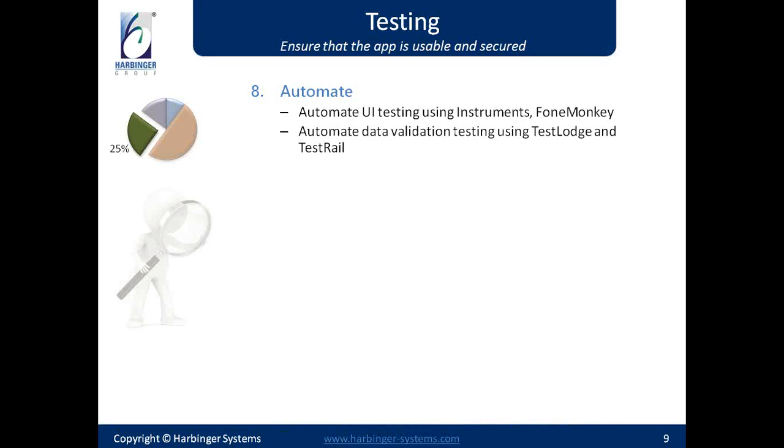At the same time, data validation testing can also be automated using TestLodge and TestRail. This is especially useful when you have a lot of data coming in from a server and you need to ensure that your application is able to render all the data that's coming in.